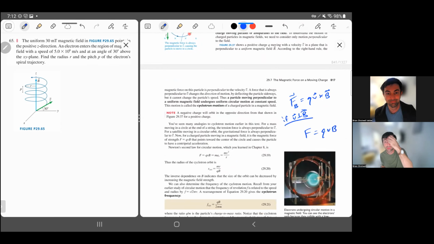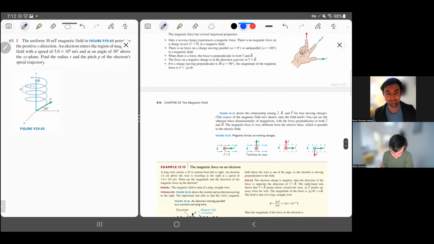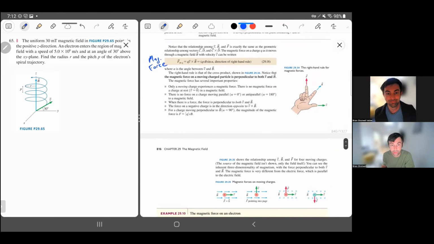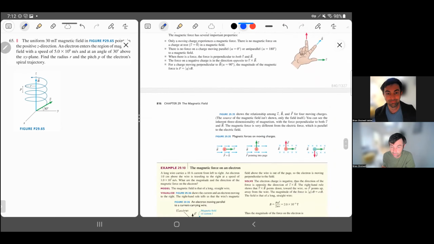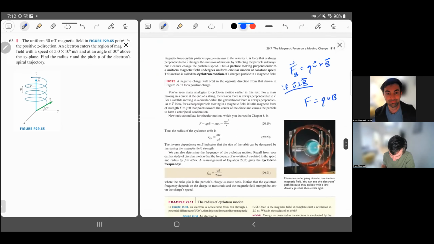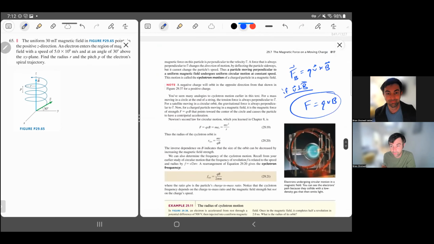Because the sine of the angle between them, sine of alpha up here, would be 1, because alpha would be 90 degrees if v is perpendicular to B. So this is the magnetic force if v is perpendicular to B. And this is exactly what your book plugged in right here. So here v has to be totally perpendicular to B. It's just the perpendicular component. And we set that equal to mv squared over r. And so what you get is the radius of the motion of that charged particle.